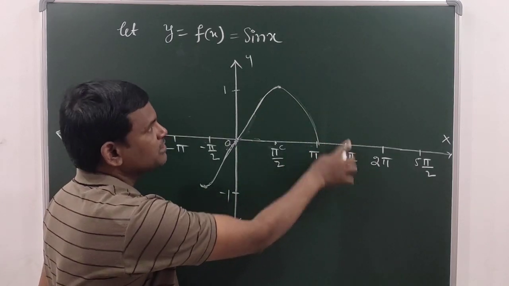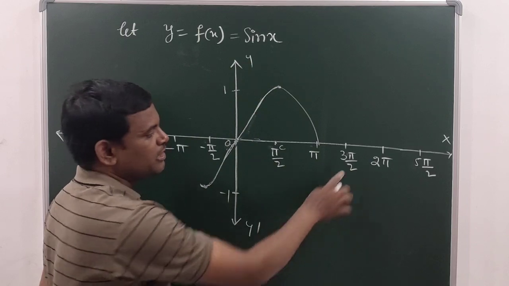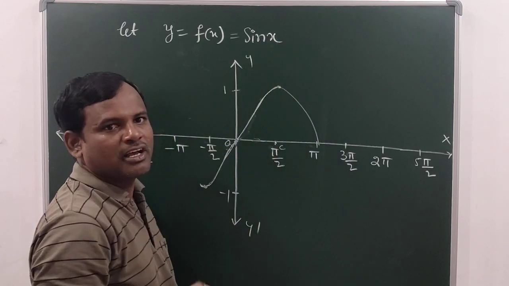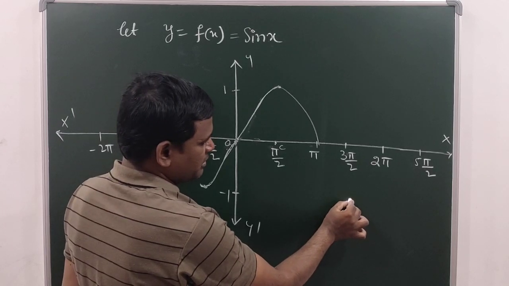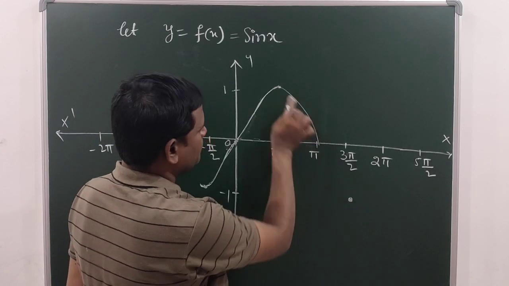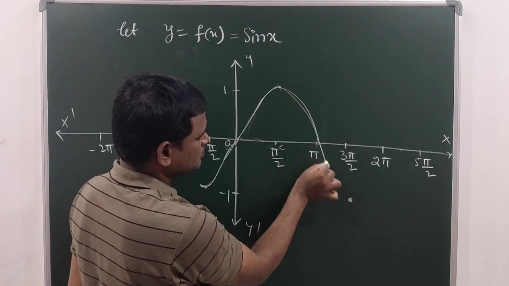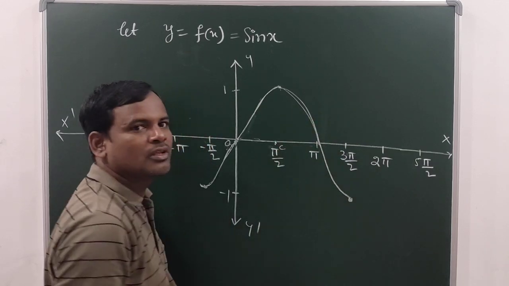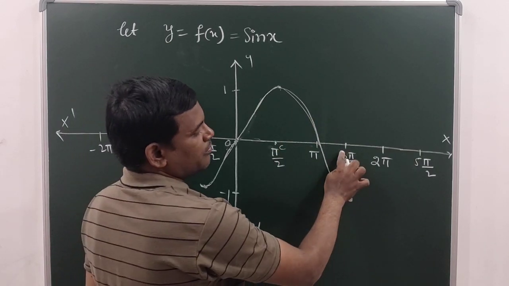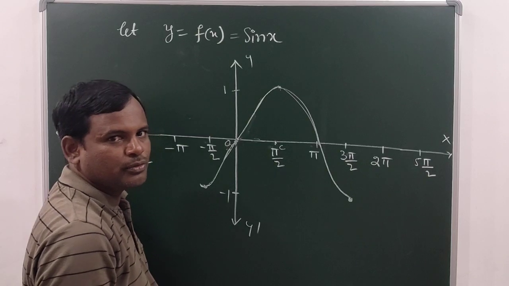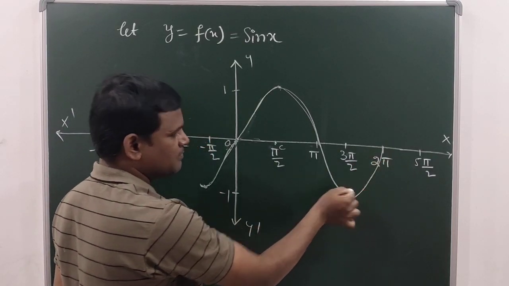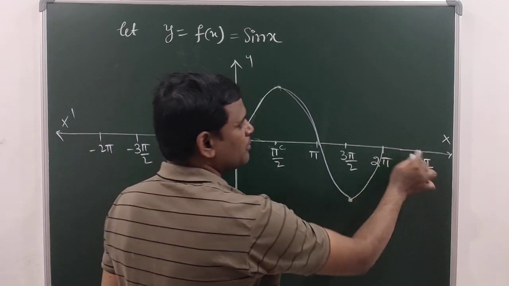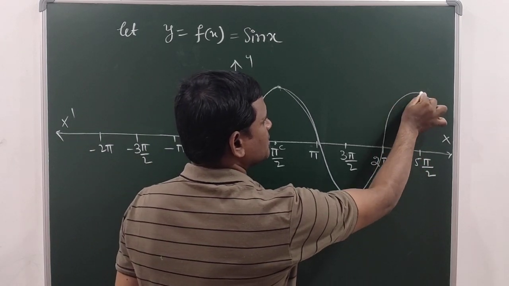Similarly, if you put x equal to 270 degrees here, as you know, sine of 270 is minus 1. So range will be minus 1. From 270 to 360 degrees, you get the graph like this. 270 to 540, you get it like this.